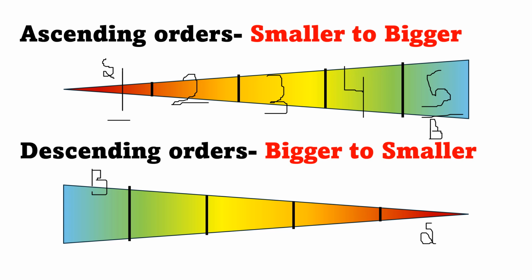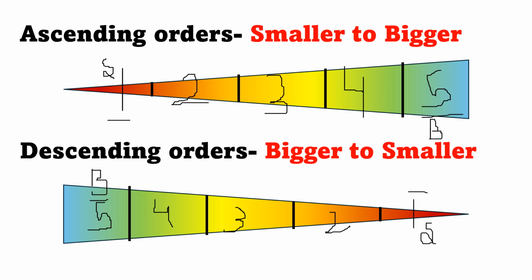The bigger number is 5. So we will put 5, then 4, then 3, then 2, and then 1 at the last. So again, the number 1 is the smallest and the number 5 is the biggest.